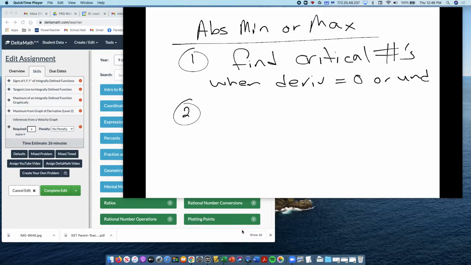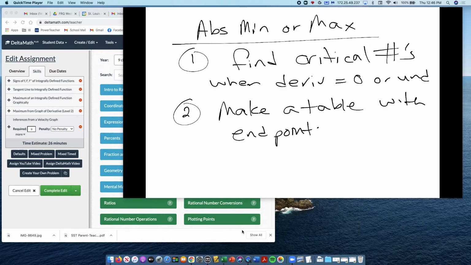The second thing we're going to do is make a table with the endpoints and the critical numbers.